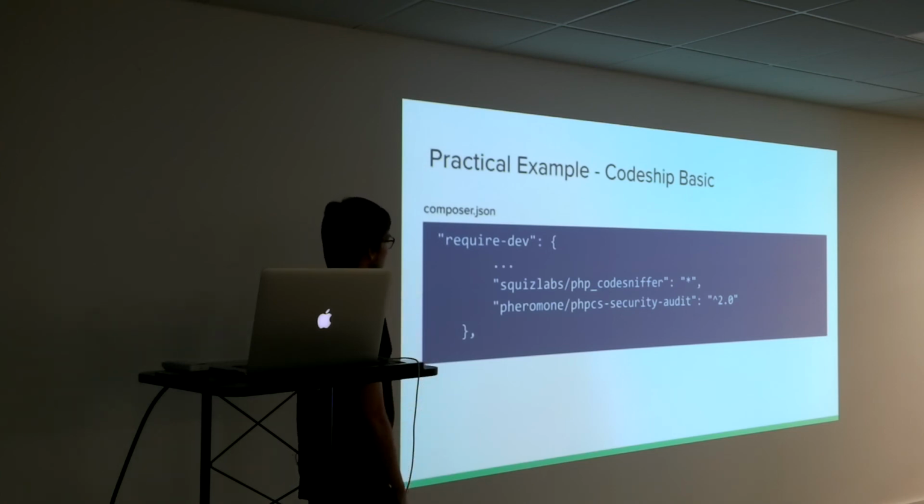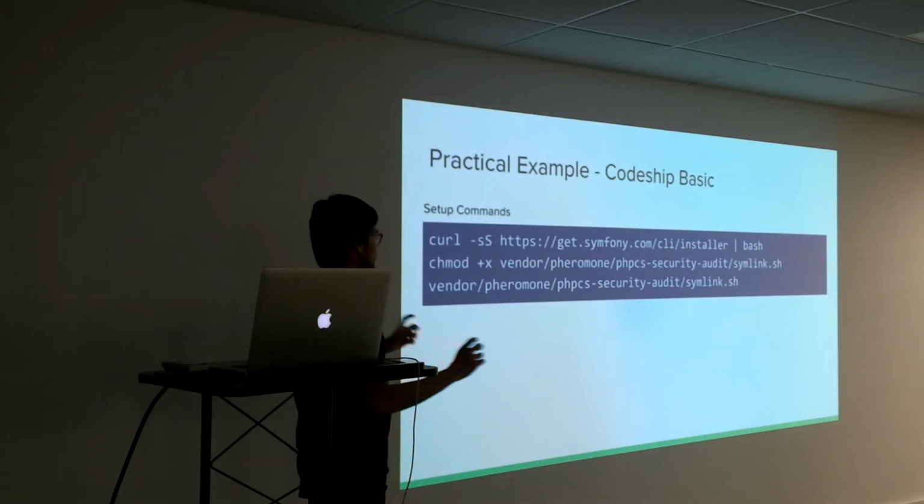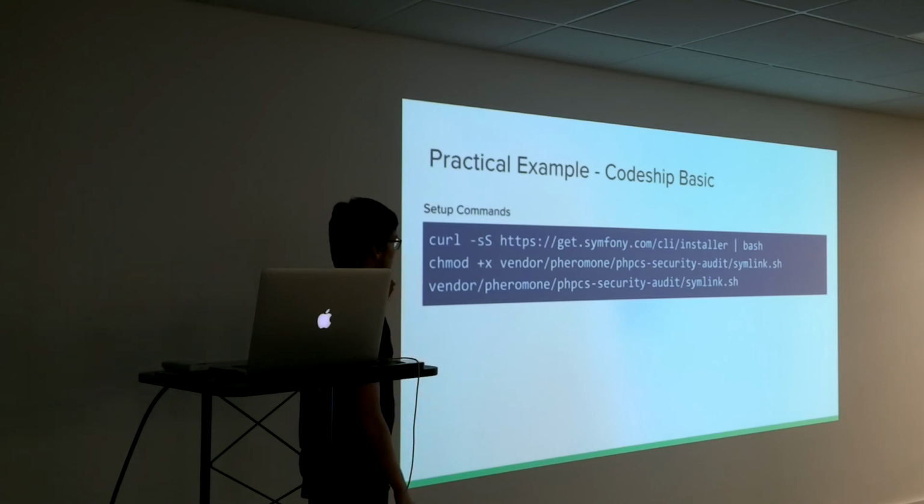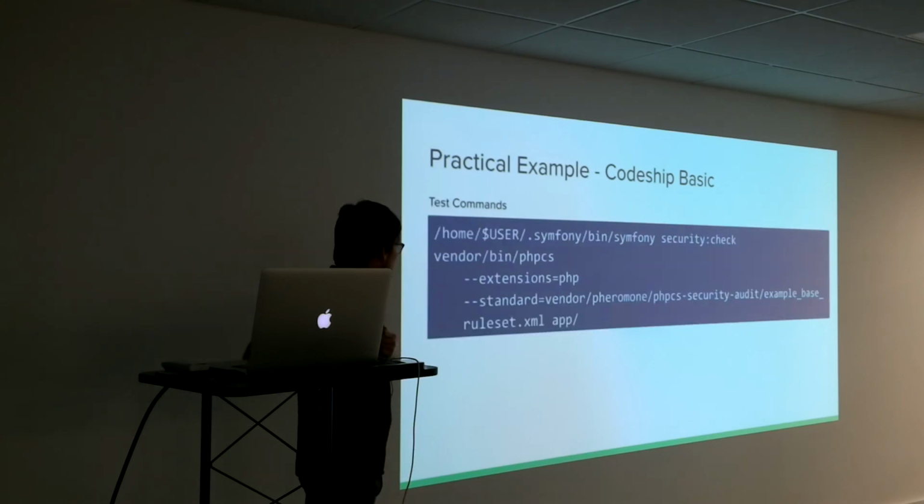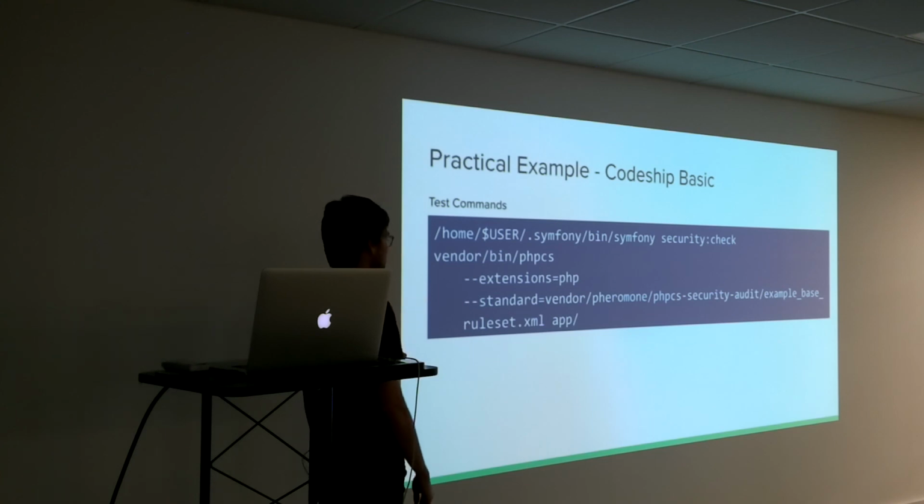So you just add to your Composer PHP Code Sniffer and the security audit library. In your build, you pull down the Symfony dependency checker and the security audit tool as well, and then when you're running your actual commands, run the Symfony security checker and the PHP Code Sniffer, specifying that set of rules for looking for security vulnerabilities.